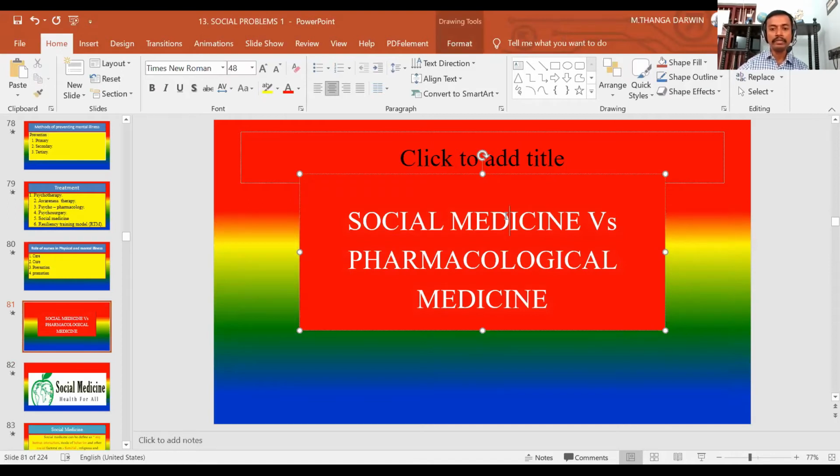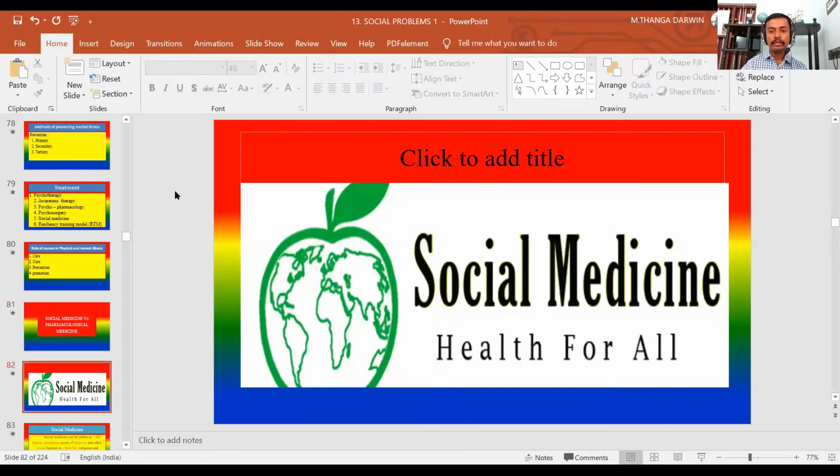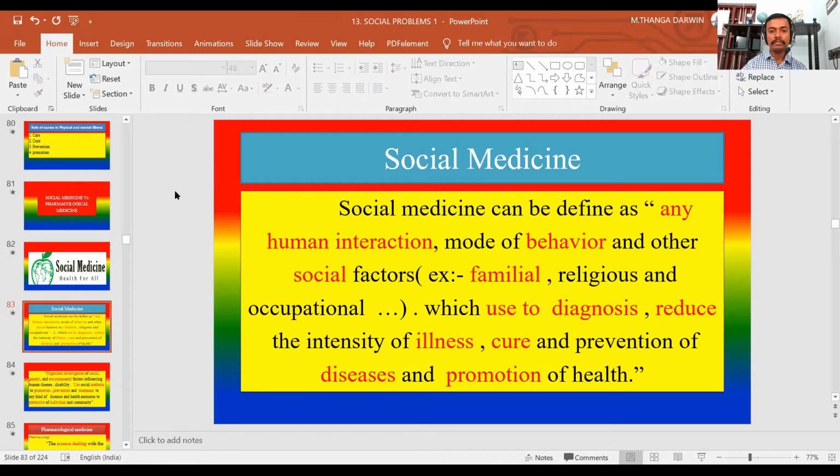Social medicine versus pharmacological medicine. What is social medicine? Any human interaction or social factors, including familial, religious, occupational, used to diagnose, reduce the intensity of illness, and prevent disease and promote health. In pharmacological medicine we use drugs, okay?